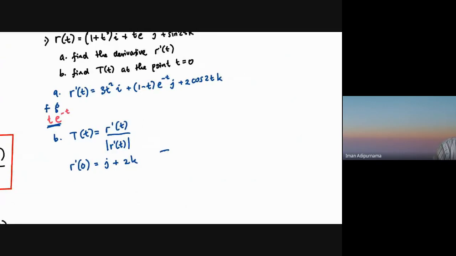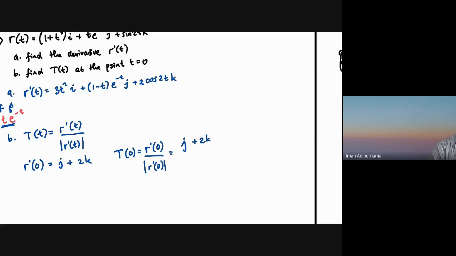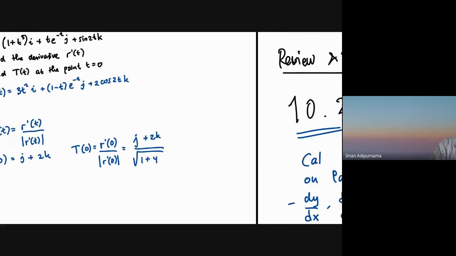Now we can use it for the unit tangent vector. So j plus 2k, and the magnitude is the square root of 1 plus 4. So we have 1 over square root of 5 times j plus 2k. And this will be the unit tangent vector.